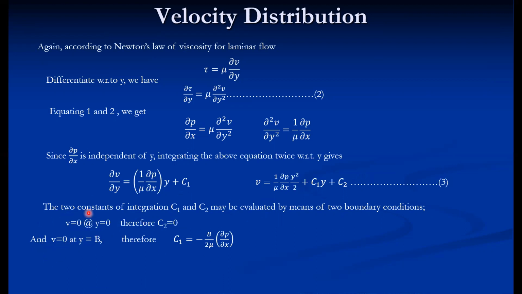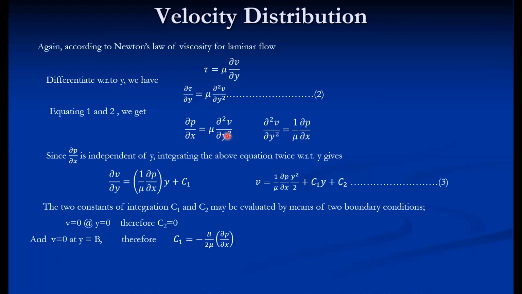So both magnitudes are known to us for velocity. That's why we develop the first expression for velocity distribution. Unlike shear stress, at the boundaries, that is at y is equal to 0 and y is equal to b, shear stress is maximum, but we don't know the expression of that maximum.